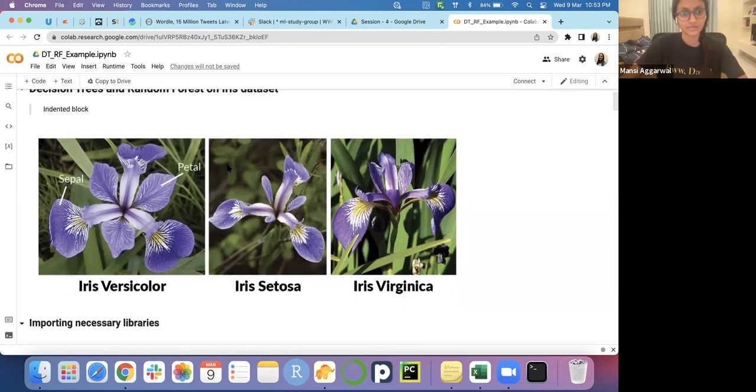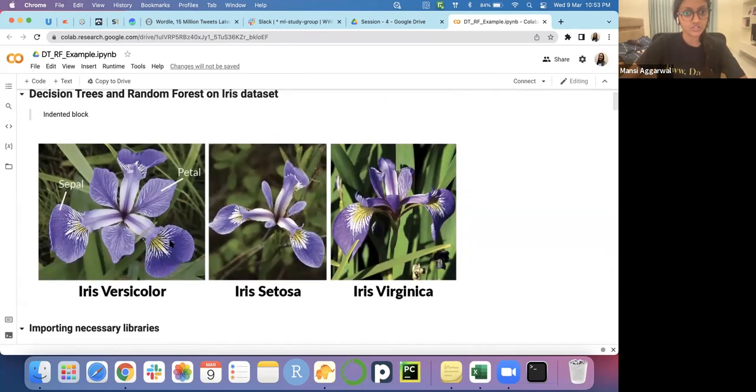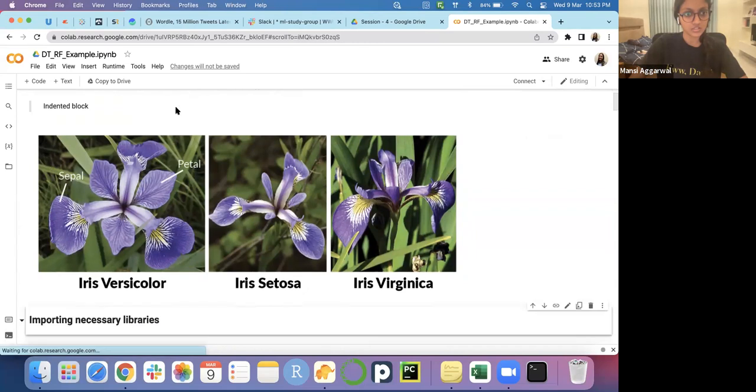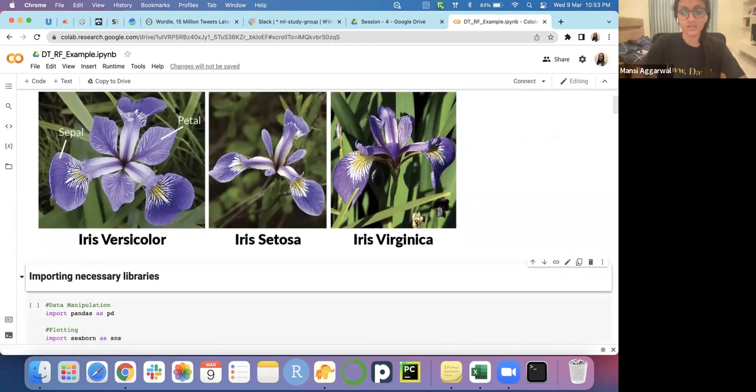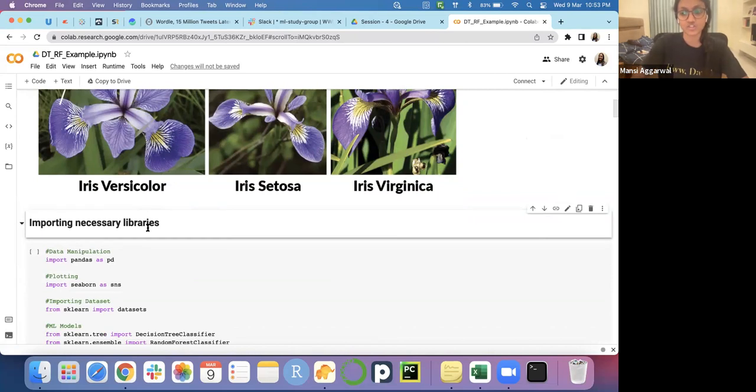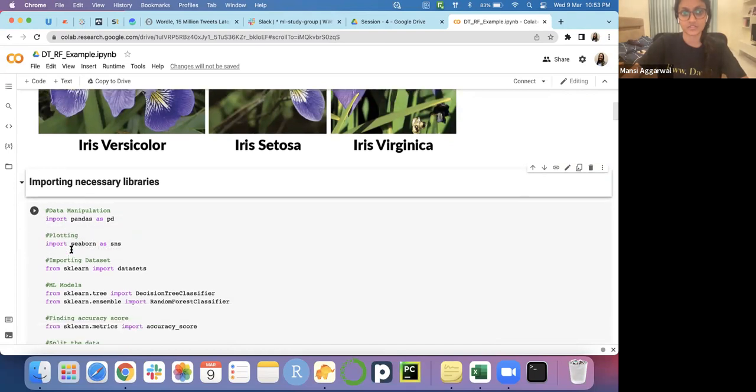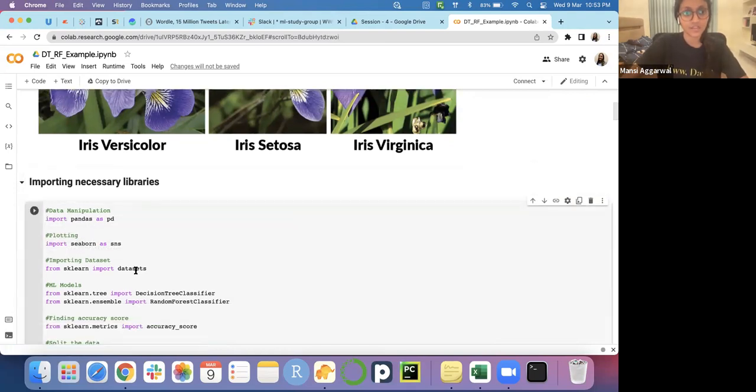So we'll be using the same dataset. Just a recap, you can run the cells using Shift and Enter on Mac, and I'm sure Control and Enter in Windows. Otherwise, you can run the cell using the play button as well.